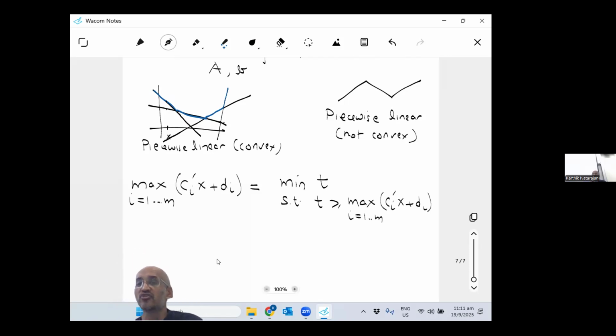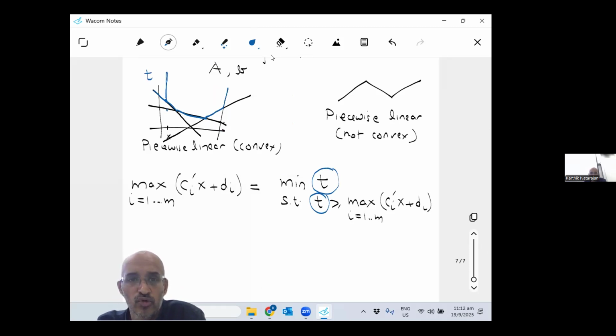Okay. So the decision variable in this problem is a single variable t. Okay, this is my decision variable now. And I'm basically finding the max very simply by saying t has to be bigger than the maximum value. So if you think of t along the y-axis, for a given x, t has to be greater than or equal to the maximum function value.